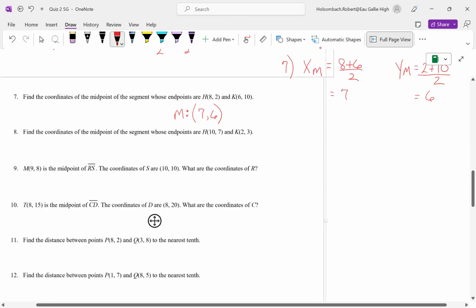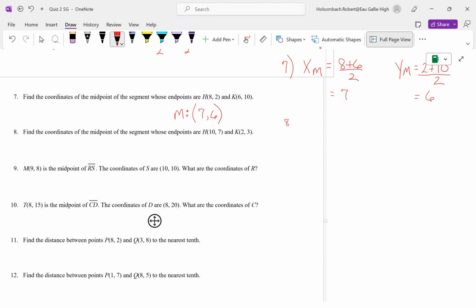Number 8, same concept. Find the coordinates of the midpoint of the segment whose endpoints are given. So our X at the midpoint is going to be equal to the 7 plus the 2 divided by 2. I'm sorry, our X at the midpoint, that's 10 plus 2, not 7 plus 2.